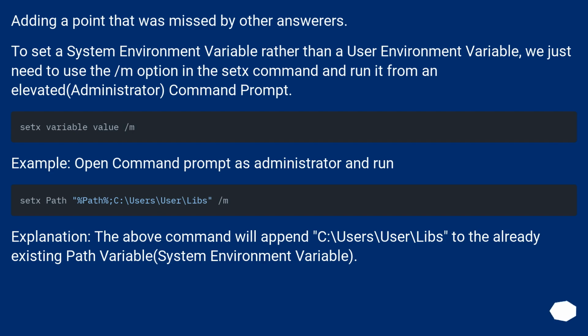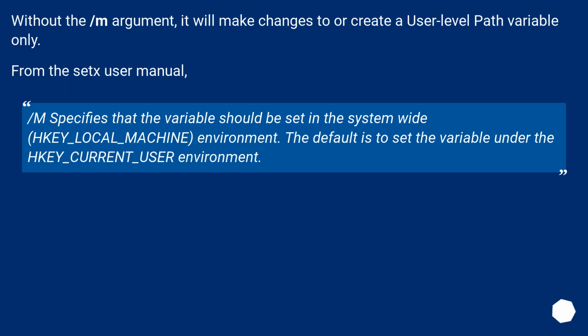Explanation: the above command will append c:\users\user\libs to the already existing path system environment variable. Without the /m argument, it will make changes to or create a user-level path variable only.